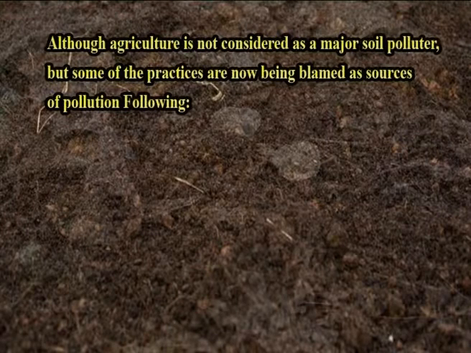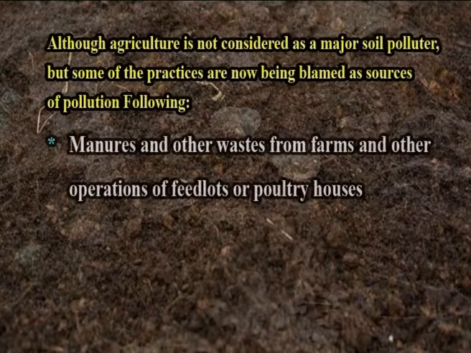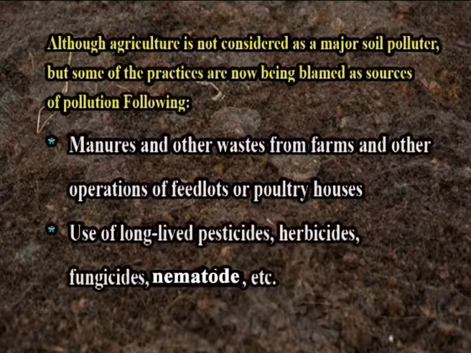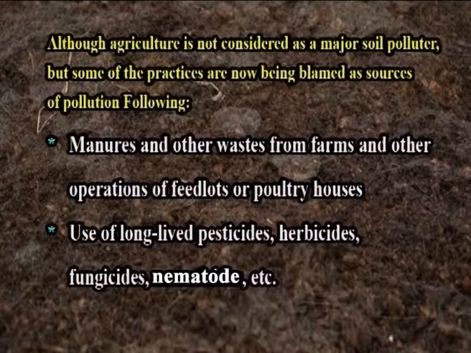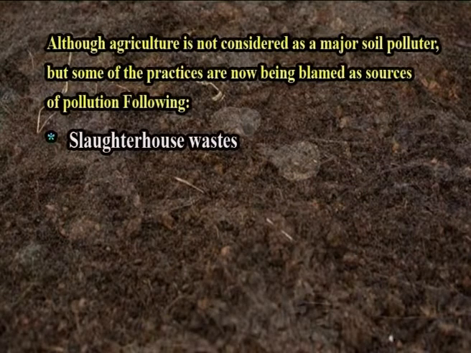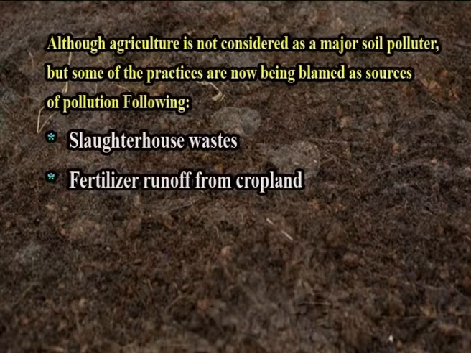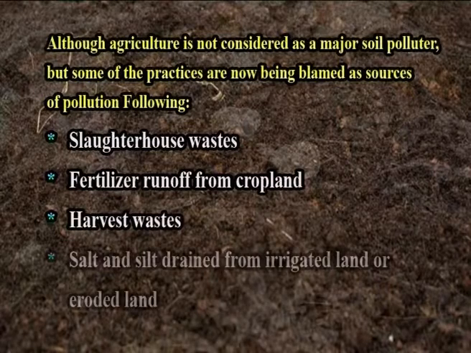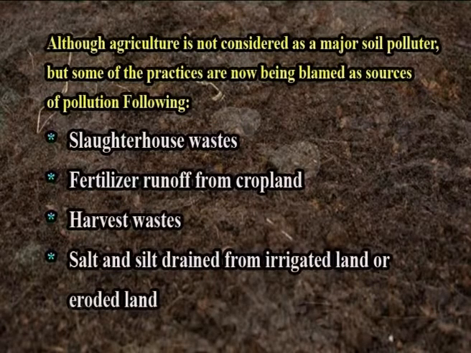Although agriculture is not considered a major soil polluter, some of the practices are now being blamed as sources of pollution, including manures and other wastes from farms and other operations such as feedlots or poultry houses, use of long-lived pesticides, herbicides, fungicides, nematicides, etc., slaughterhouse wastes, fertilizer runoff from cropland, harvest waste, and salt and silt drained from irrigated land or eroded land.